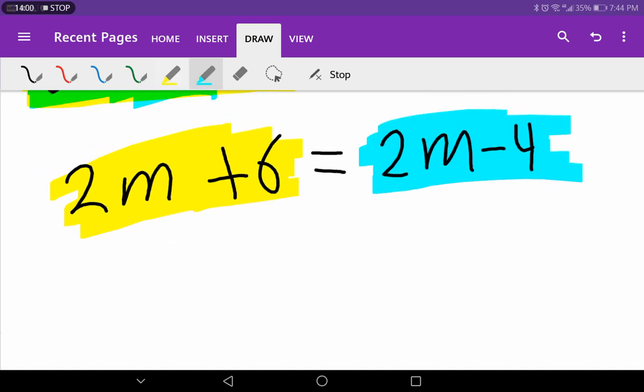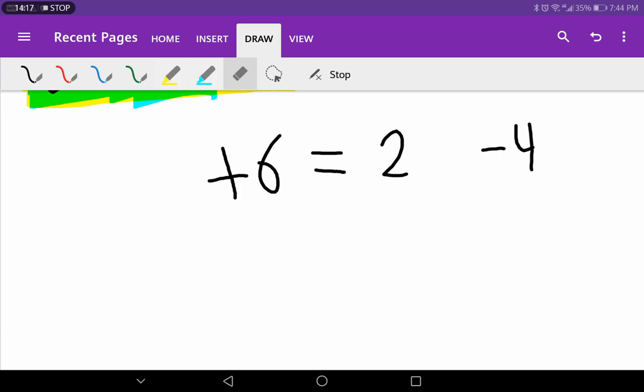Now, actually, I have 2m here and 2m here, and they are the same. In this case, just eliminate them directly without thinking and see what you got here.